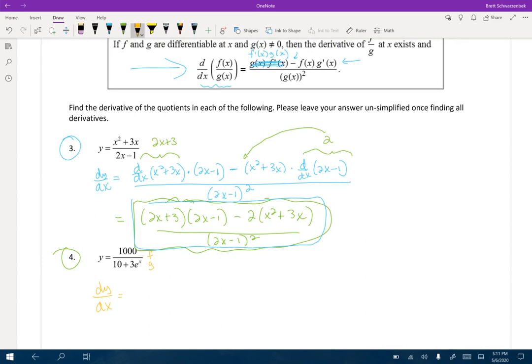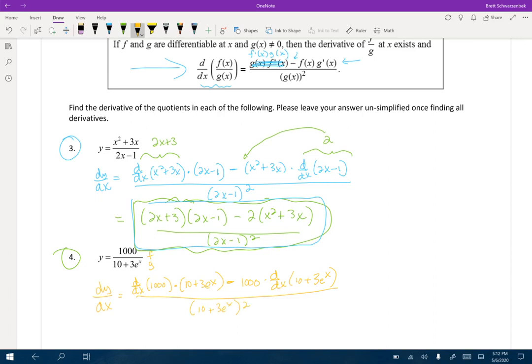We're going to get the derivative of our f function, which is 1,000, times our original function, 10 plus 3e to the x, minus, don't forget the minus, our original numerator, which is 1,000, times the derivative of 10 plus 3e to the x, all over our g, 10 plus 3e to the x squared.